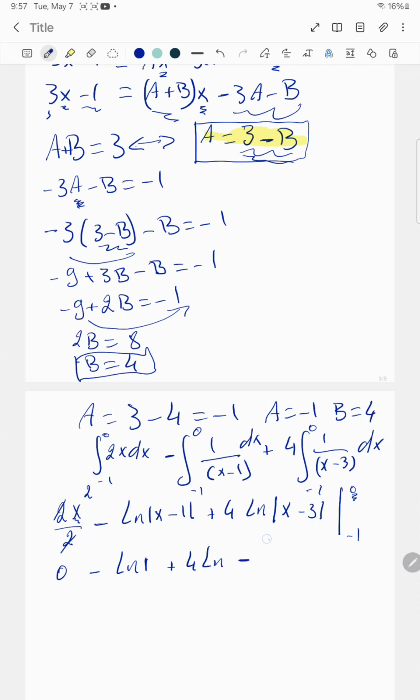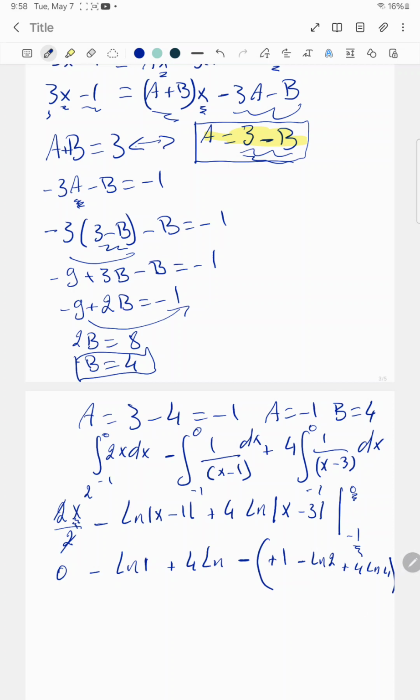And then I put minus, and now I have to replace x by minus 1. So this one, minus 1 squared becomes plus 1 because it's to the power of 2, and then minus 1 minus 1 is minus 2, and in absolute value it is ln of 2, plus 4 ln of minus 1 minus 3, which is ln of 4 because it's an absolute value.